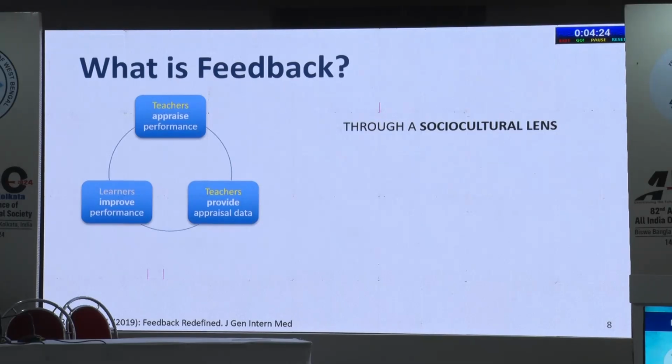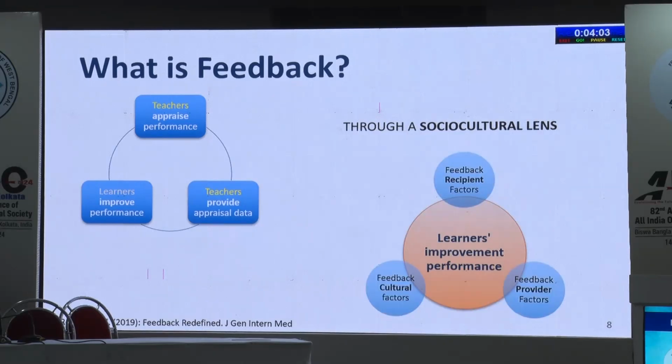Usually, feedback is based on teachers appraising performance and providing this appraisal data, and learners should improve their performance based on that information. But somehow, mobility has also propelled a new lens that we should take into consideration when we are thinking about feedback.